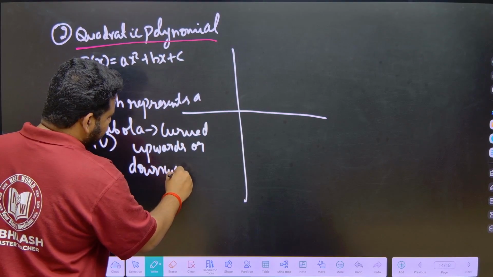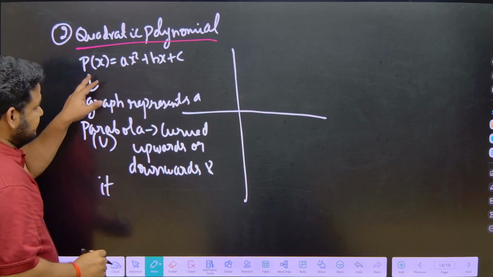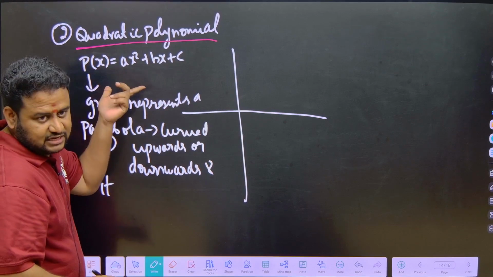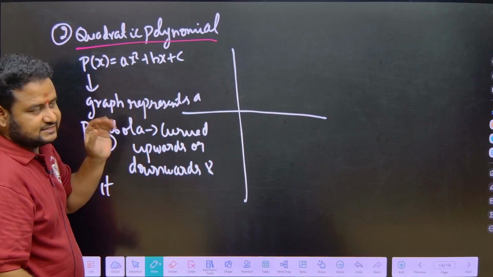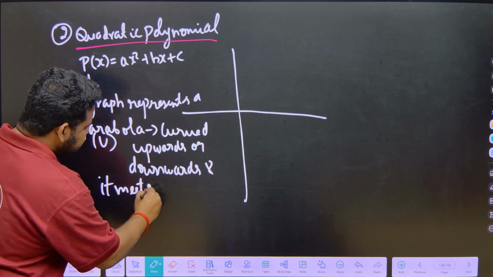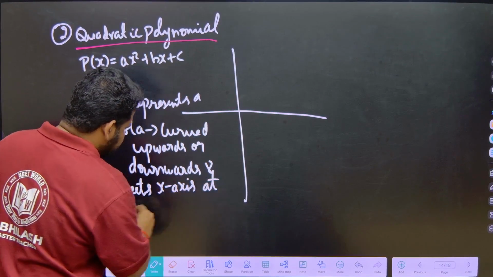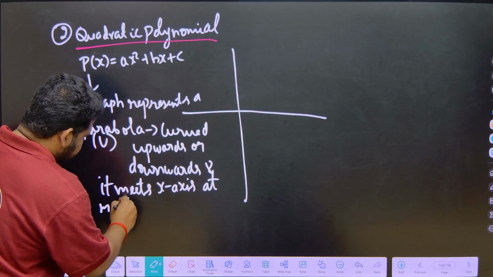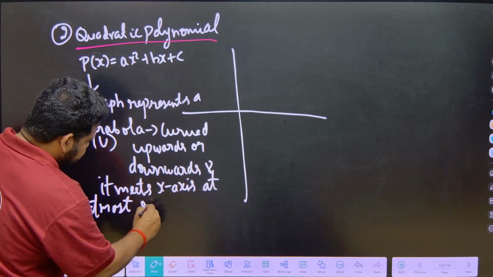It is curved upwards or downwards, and it meets the x axis, because again it is a polynomial in x. If it was y, we should have spoken about meeting the y axis. Since it is a polynomial in x, it meets the x axis at most 2 points. At most, why?